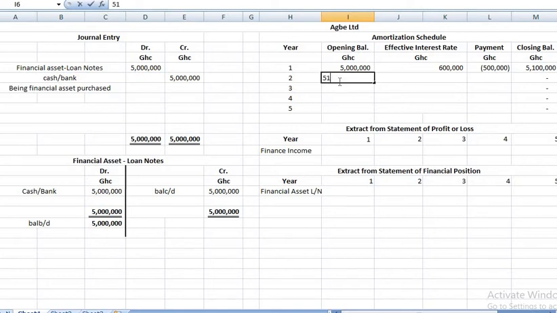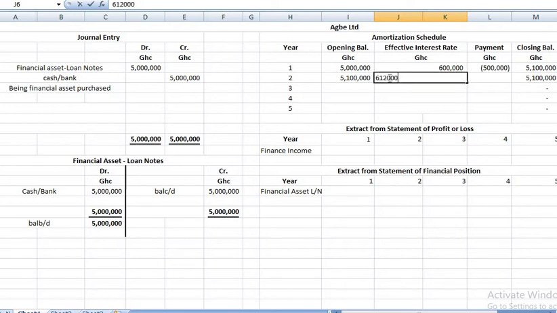So 5,100,000 will be the opening balance for year 2. And also we charge interest on that 5,100,000 at 12%, which is going to be 612,000.